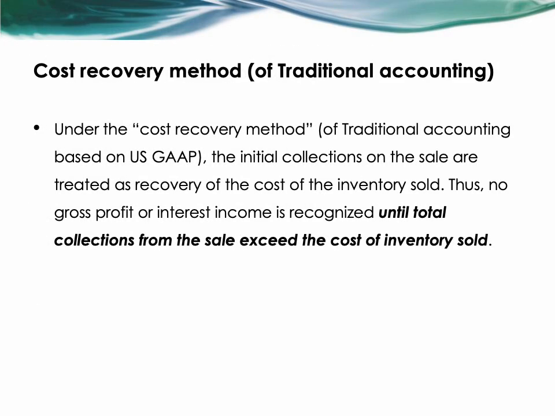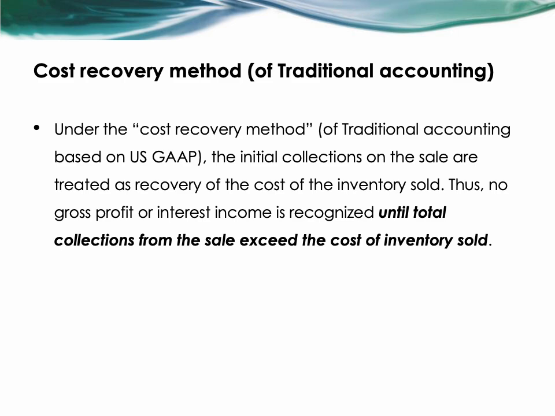And then we have the cost recovery method of traditional accounting. Finally, for completeness, we have the cost recovery method, which is generally not PFRS compliant, but is sometimes covered in traditional accounting. Under this method, no gross profit or interest income is recognized until the total collections from the sale exceed the cost of the inventory sold.